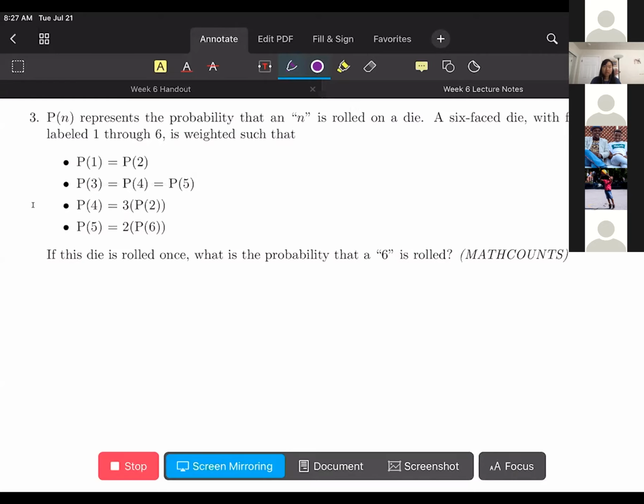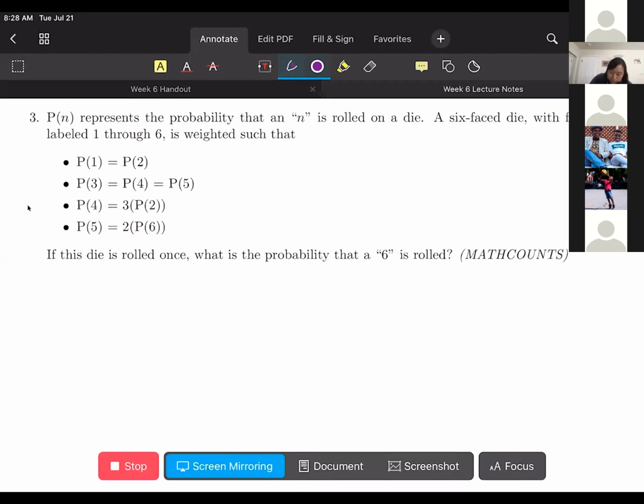So then it says if the die is rolled once, what is the probability that a 6 is rolled? So we basically want to solve for what P6 is. Any thoughts on how we could do this? Well, first we could start by writing out the sum of the probabilities equal 1.